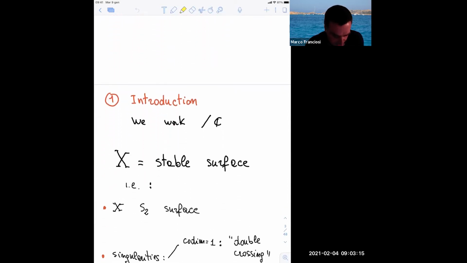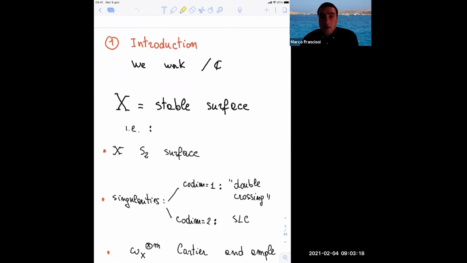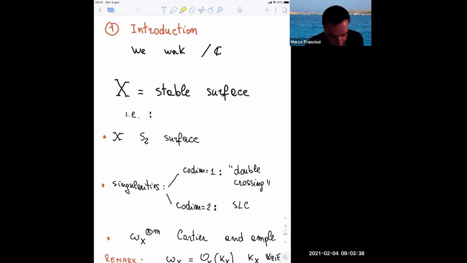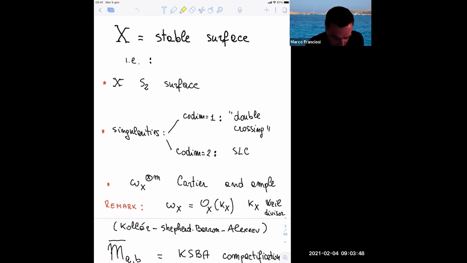So let me start. Maybe all of you know what we are talking about, but I can repeat it very quickly. We work over C, and we will talk about stable surfaces, which means S2 surfaces with at most the following singularities: in codimension 1, double crossing, and in codimension 2, SLC singularities, with the condition that the canonical sheaf is Q-Cartier and ample.